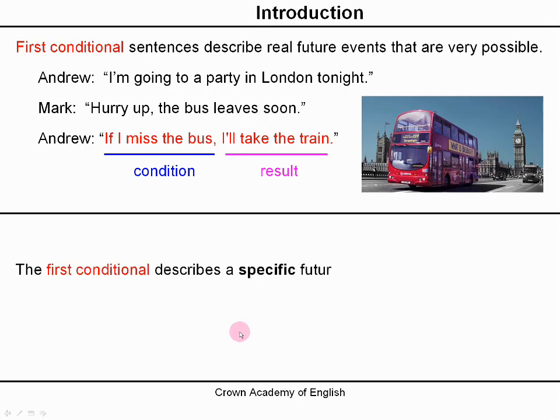And so the first conditional describes a specific future event. In this case, it is specific because we are talking about if I miss the bus in the future. It's talking about me. If I miss the bus, perhaps tonight, and then I'll take the train tonight.